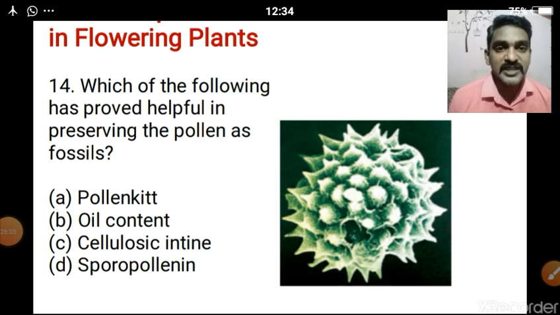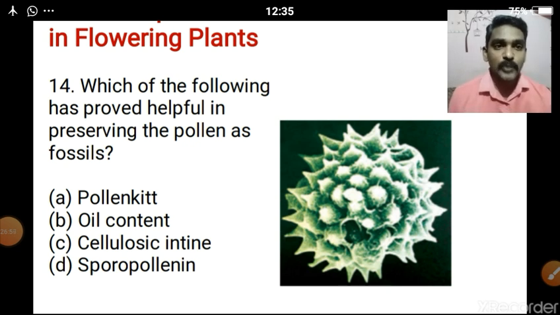Sporopollenin is present in the exine region of these pollen grains. So they cannot be easily degraded by any enzymes. There is no known enzyme that can easily degrade sporopollenin. It is a very rigid structure and very strong in nature. That is why, during pollination also, while traveling in air or water, the pollen grains remain very strong.